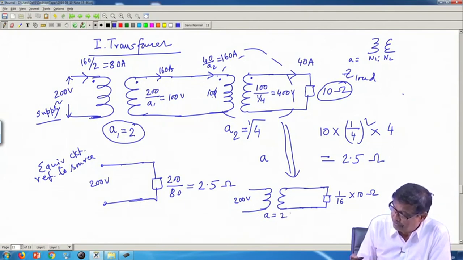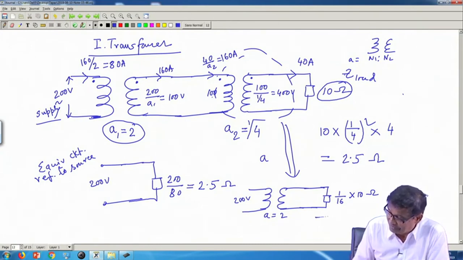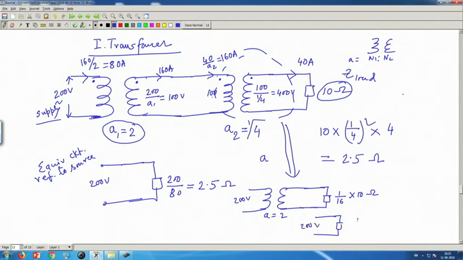So, it will be 4 by 16. So, then the next step is supply, and this is 200 volt, and this was 10 by 16, and then once again into 4 and equal to 2.5. And there are several ways, you find out your own convenient way of interpreting the results.